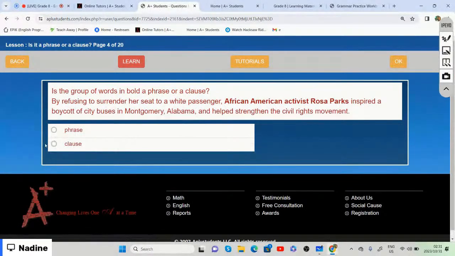And is the group of words in bold a phrase or a clause?